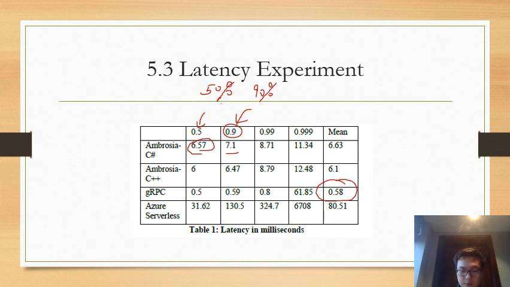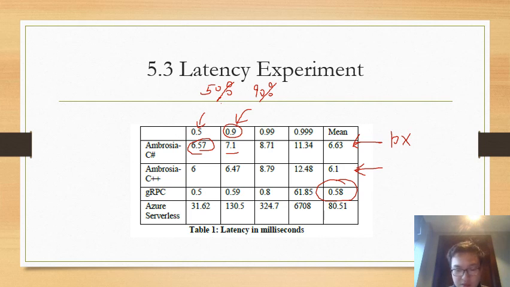So here Ambrosia has much more latency compared to gRPC. The latency for Ambrosia is about 10 times the latency of gRPC.